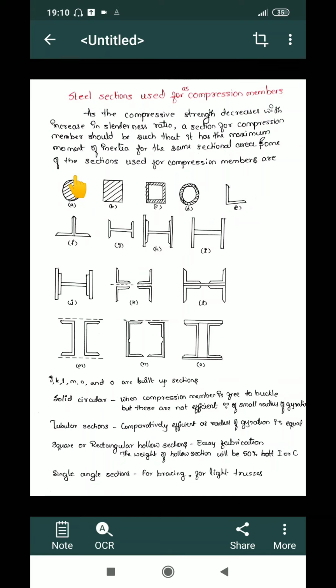This section, whenever a compression member is free to buckle, we can go for this type of section, but these are not as efficient as other sections. Hence, we choose this type for very lightweight sections. Second one is a rectangular or a tubular section. These are hollow sections.